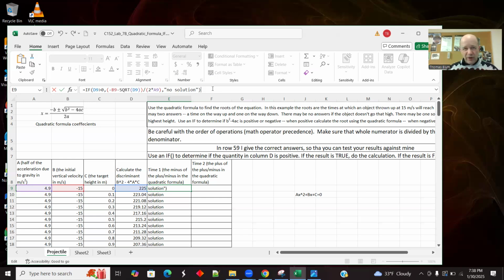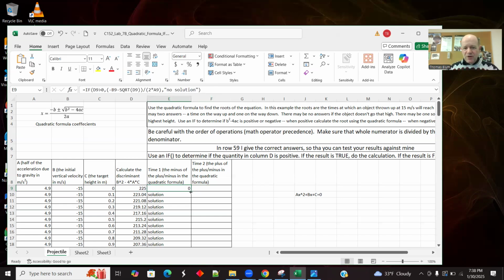One of the roots, one of the solutions is minus b minus the square root of that quantity that we already calculated in cell D9. And then that whole numerator got divided by the whole denominator, which was 2a. So hence our parentheses. We're entering that.